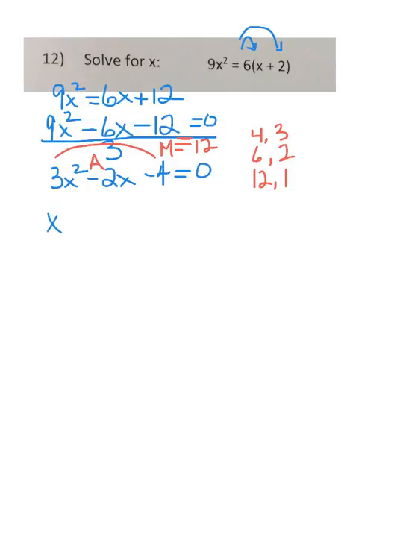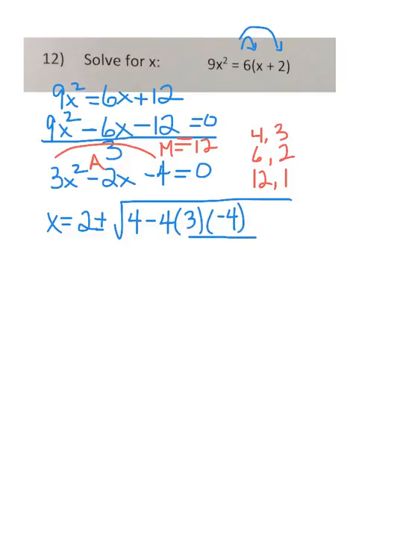So x equals negative b, which would be a positive 2, right? Because b is already negative 2, plus or minus square root b squared. So negative 2, if I square that, is 4, minus 4 times a, which is 3, and times c, which is negative 4. And the whole thing is going to be over 2 times a, which is 3.